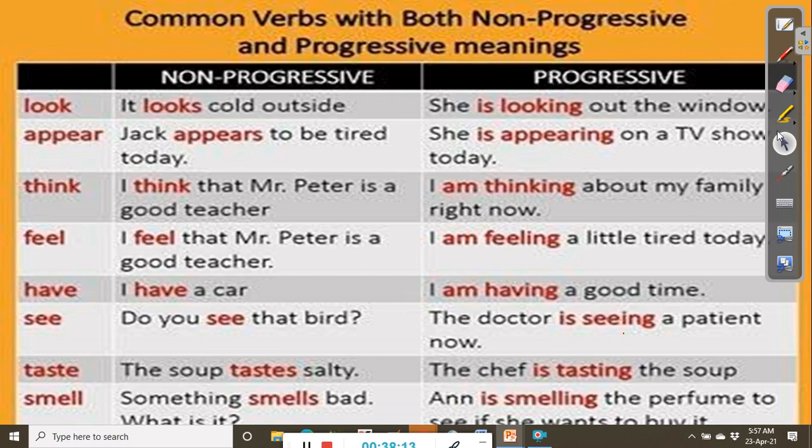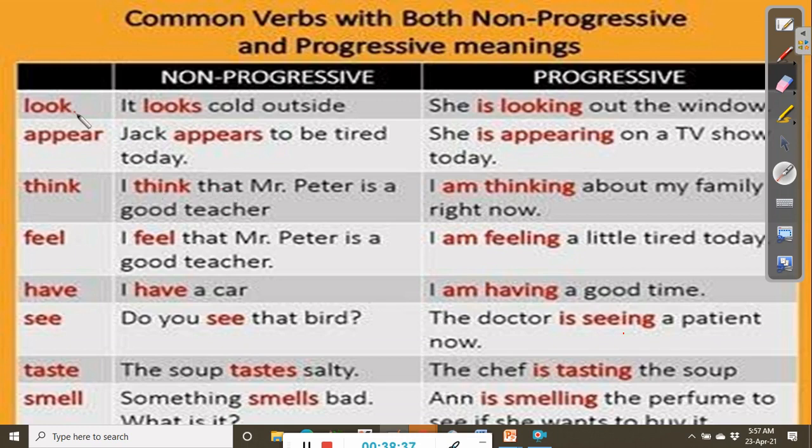It's just similar to what we have already seen, but just a quick rundown of these various examples. Non-progressive means we can use it in the simple form, and then progressive means we can use it in the progressive form. It's similar to what we have seen, verbs being used as both stative and dynamic.